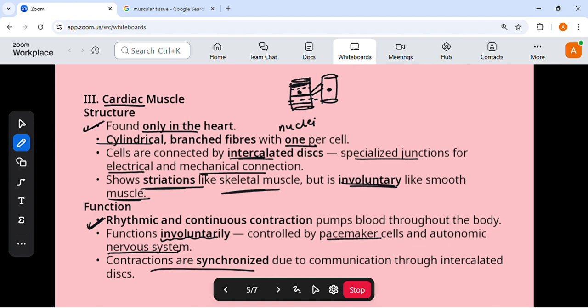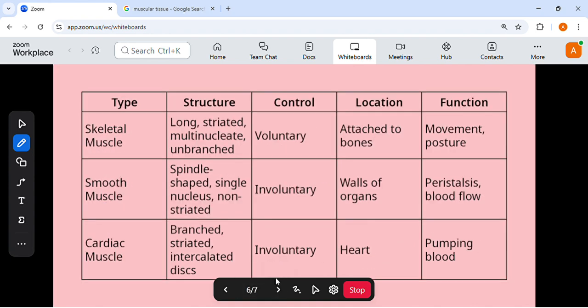Contractions are synchronized due to communication through intercalated disc. So remember it is cylindrical, branched, and one nucleus per cell, that too at the center. It is striated and involuntary, two things at the same time.